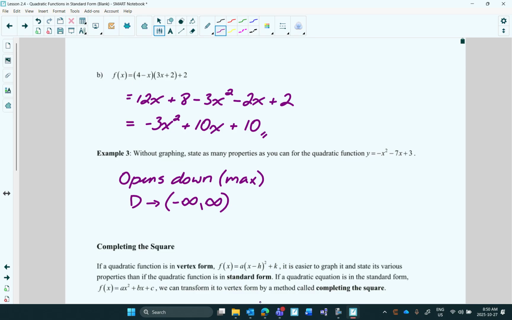Anything else? How about the y-intercept? That we could find. Because remember, with the y-intercept, we just make x equals 0. So we would get negative 0 squared minus 7 times 0 plus 3 works out to 3.